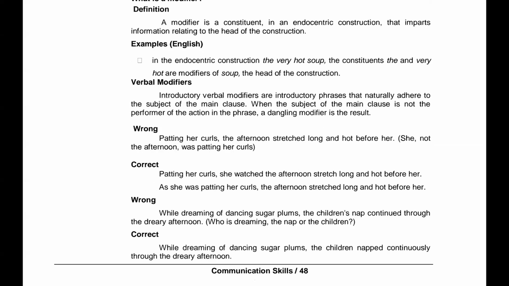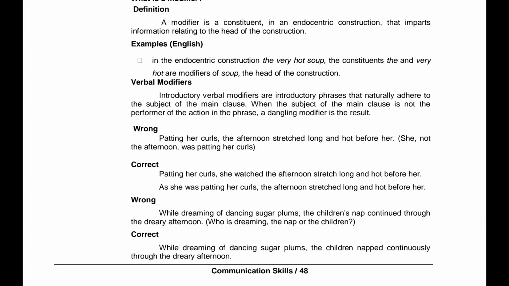So an example in English, in the endocentric construction, the very hot soup, the constituents the and very hot are modifiers of soup, the head of the construction. So verbal modifiers are very, very important.